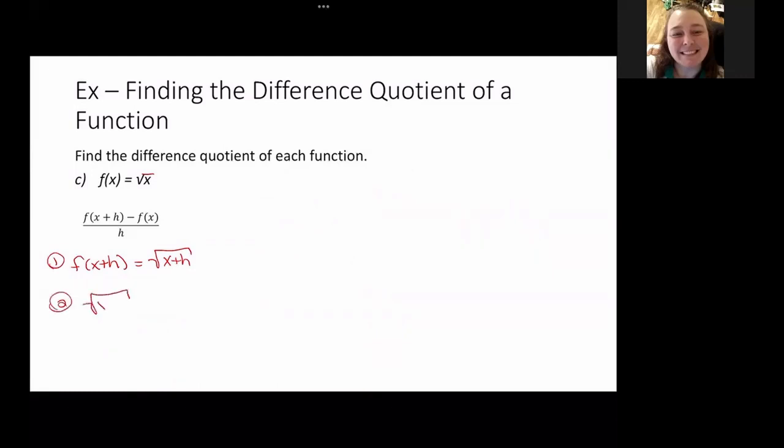So square root of x plus h minus the square root of x. Step 3, and I'm just going to leave it ugly, square root of x plus h minus square root of x, over h. Okay. I'm just going to leave it like that. There's not really a whole lot we can do to make it better. Please don't freak out when you see square roots. It's just another thing.